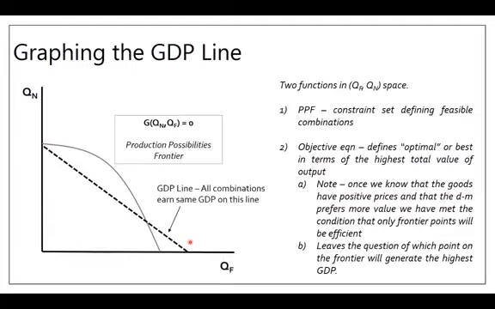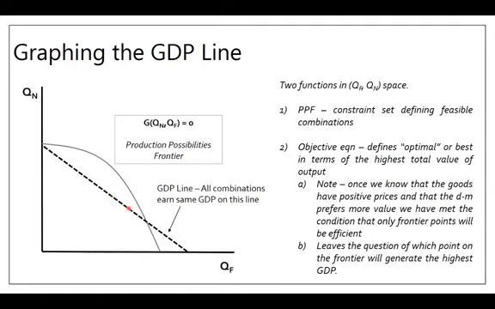And we call it a GDP line because the GDP value is the same at every point, right? And so another way of thinking about this line is not just this relationship between QN and QF, but as a measure of combinations of QN and QF that all earn the same GDP.